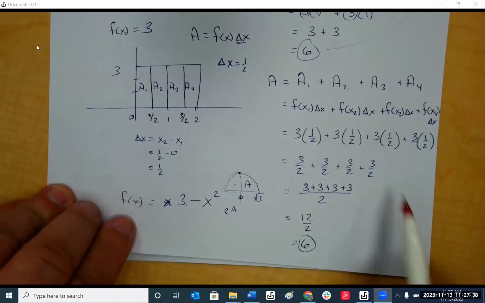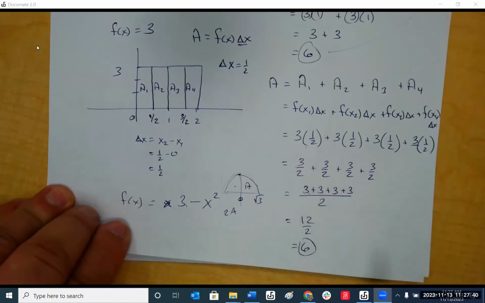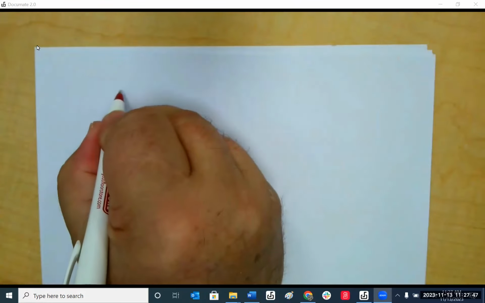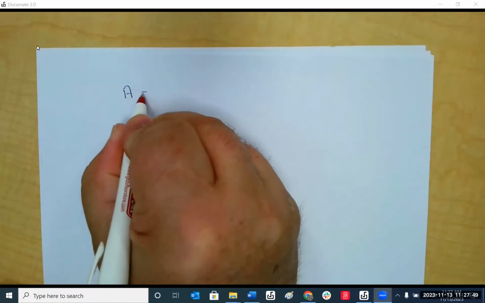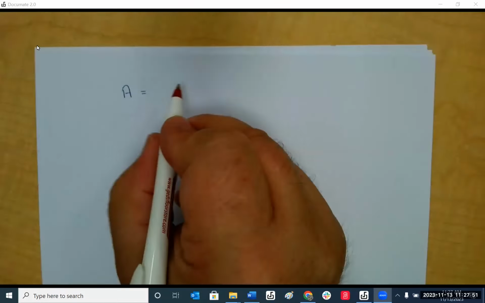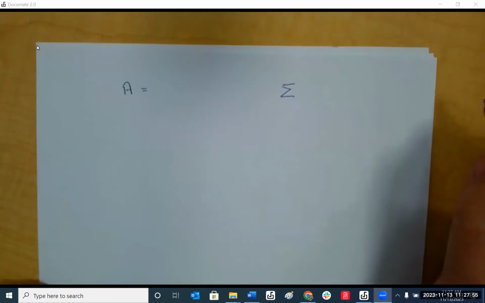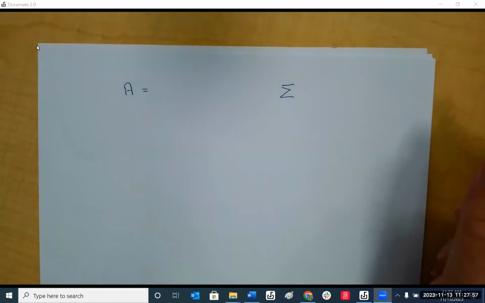So what we're getting to is this, and you notice how we add up all these equations. So the area under the curve is, I'm going to introduce this symbol. I know it's a little premature, but I'm going to jump straight into it and define it.